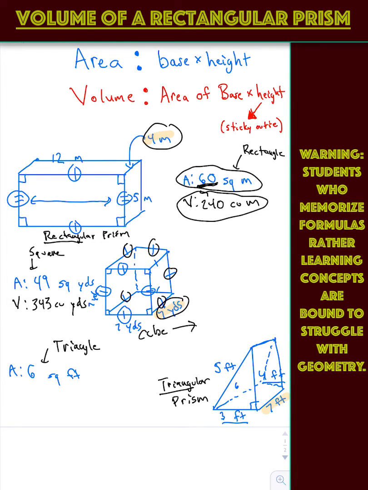This is called a cube, but it could also be called a square prism because it has a square base, and its other sides are technically rectangles also. So we have a triangle with an area of 6. The stickyality is 7. So the volume in this case would be 6 times 7, or 42 cubic feet.